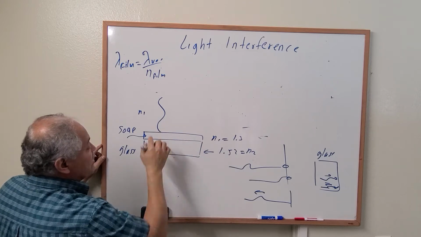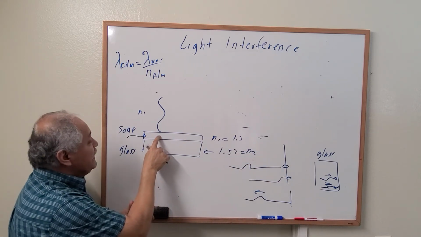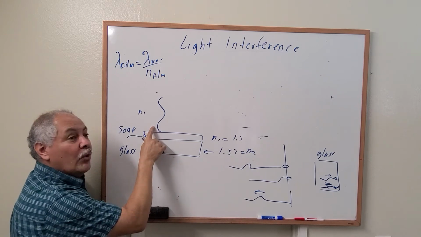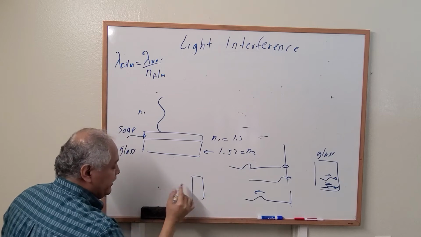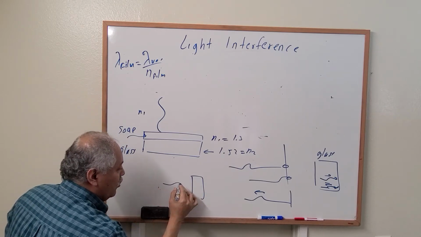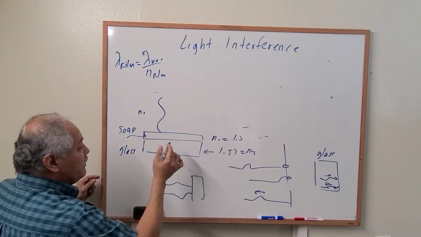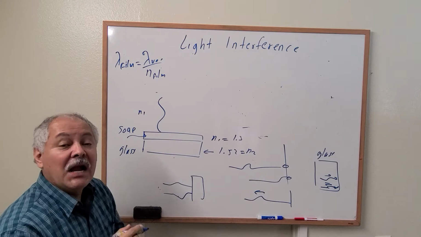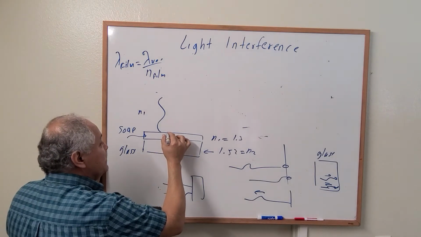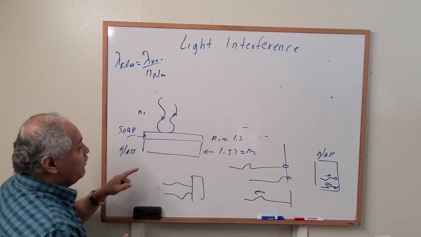As I explained before, because this index is more than this one, like when we have glass and air, if we have a pulse in this way, it is reflected upside down. So this one is reflected out of phase 180 degrees, going down, while this is going up, at this interface.